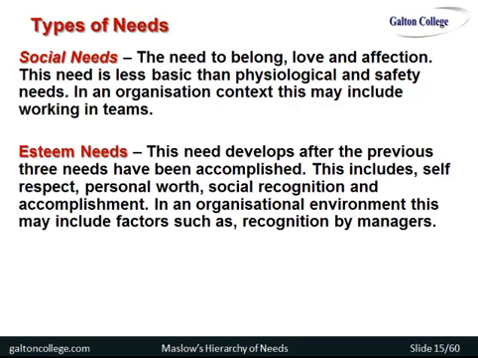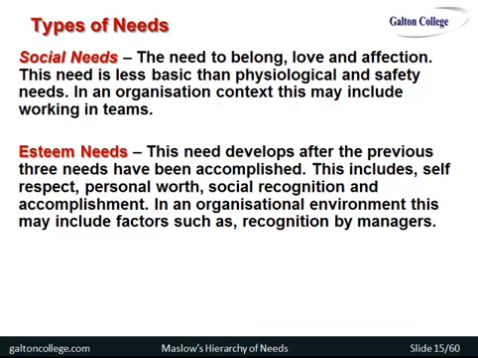There are also esteem needs. This need develops after the previous three needs have been accomplished. So it sits on top of the previous three: the physiological, the safety, and the social. This includes self-respect, personal worth, social recognition and accomplishment. In an organizational environment, this may include factors such as recognition by managers.